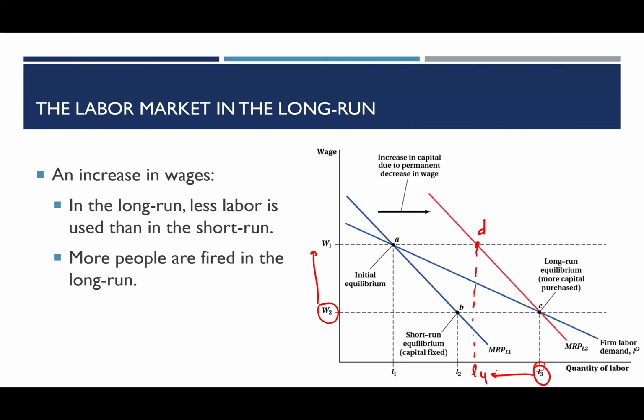Maybe there are layoffs, maybe there are furloughs, however the firm decides to deal with it. But because now there are fewer people being employed by this firm, it means that their capital goods are going to be less productive, right? Let me just write this up here for us. So as labor falls, capital's productivity falls.